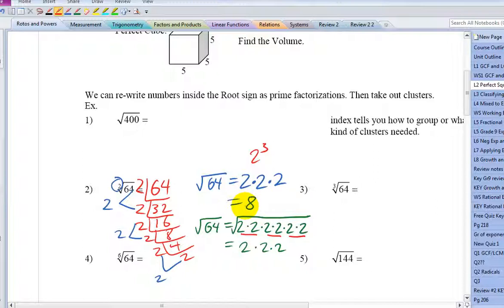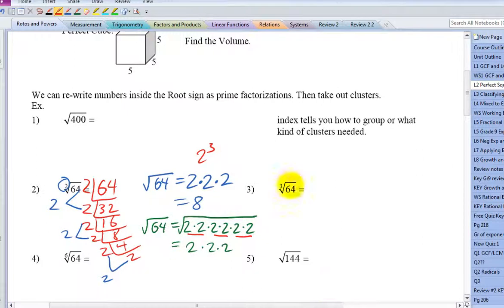Okay, let's try this one here, number 3, cube root 64. So we already did this, but I want you to take 64 and divide by 2. So I want you to do prime factorization. Go, do that now.